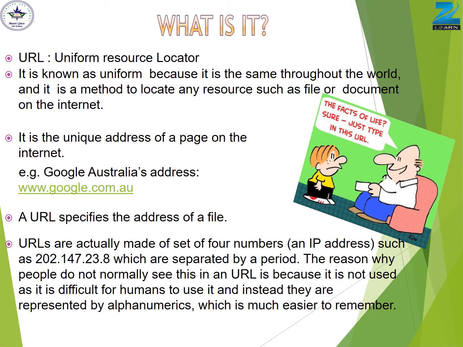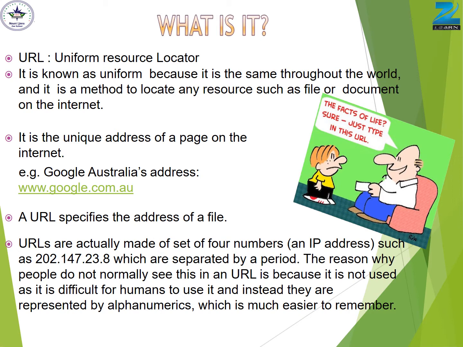So that is the actual address of that computer, but it is difficult for us to locate through that address. So you already know about DNS, the domain name system, which is responsible for converting IP address to domain name and domain name to IP address. Such as 202.147.23.8, which are separated by periods. This is just an example.